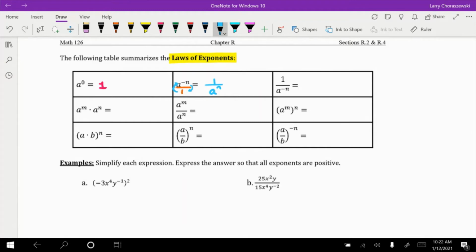So if that's the case, and we have a to the negative n in the denominator to start out with, this is going to move to the top, and the 1 is going to move to the bottom. Okay, so we're going to have a to the positive n on top now, 1 on the bottom, and this will simplify to simply a to the n.